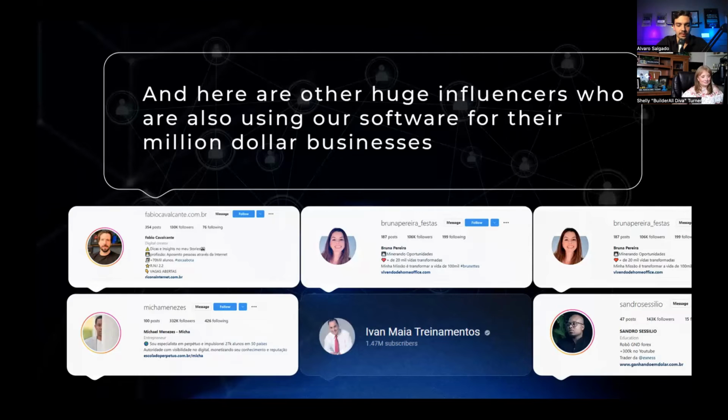Right there in the bottom left is Misha. He is a Facebook ads expert who also has a 7-figure business on ClickBank. So he is one of ClickBank's top affiliates because he's an expert on Facebook ads. And he's also using our system to build pages in his own course.